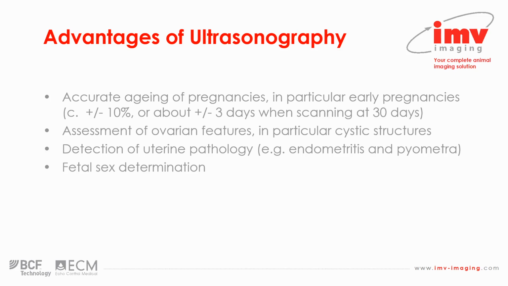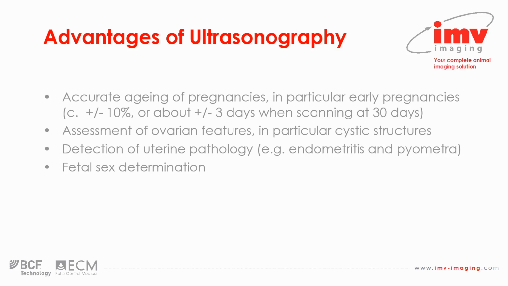Later in gestation it can become less accurate, although with ultrasonography there are ways of improving that accuracy later into gestation, but certainly in the early stages we can be really quite precise, and obviously where we're tying in with known insemination dates we can then provide farmers with accurate gestational ages.